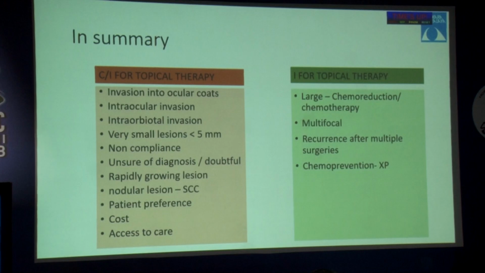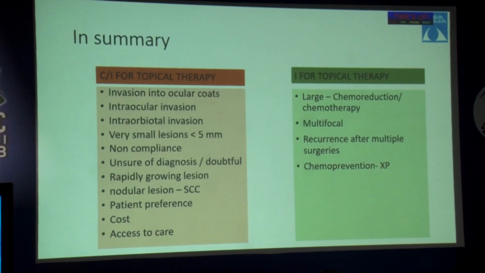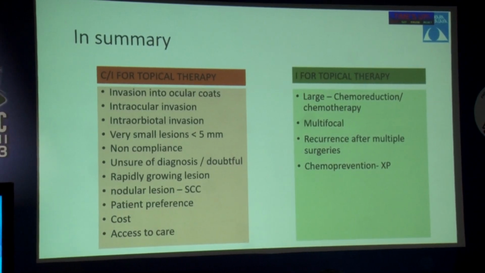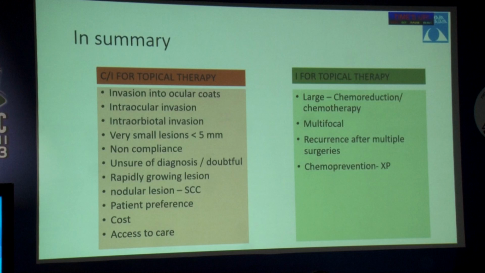What is important is to explain to the patient very clearly that they do have both the choices. Unless it's a very large lesion where you want to chemo reduce, it's ultimately the patient's decision to choose topical therapy versus surgical excision. Also, you need to take that decision based on your judgment of the patient's compliance as well as the patient's follow-up with you.